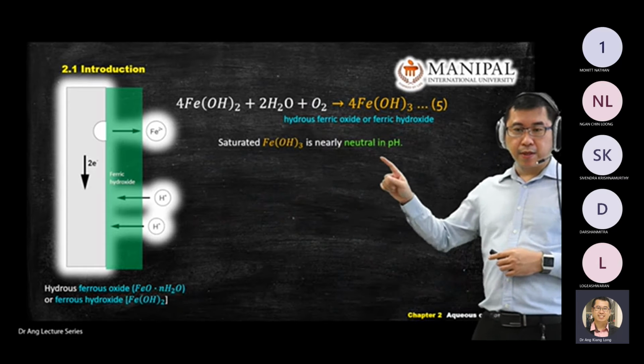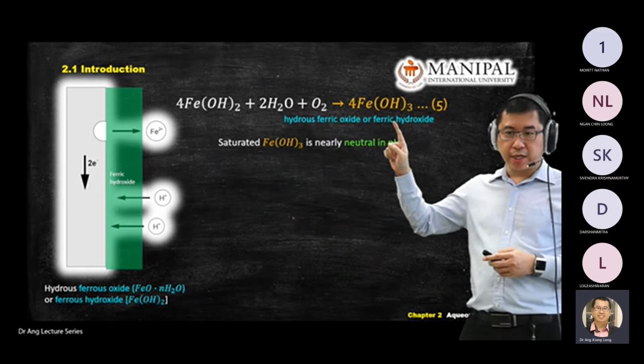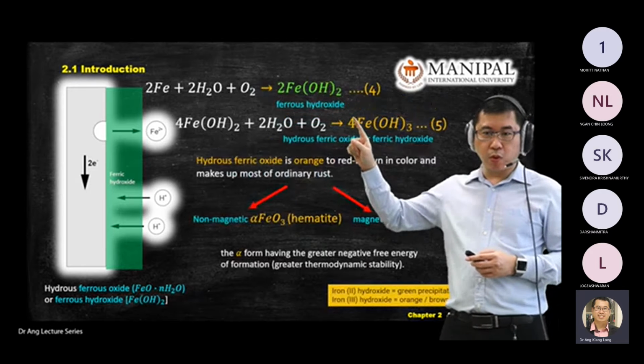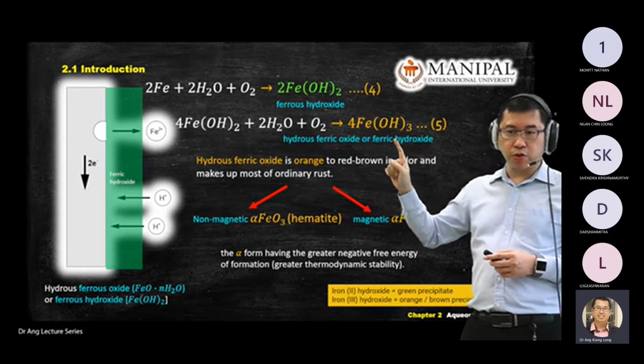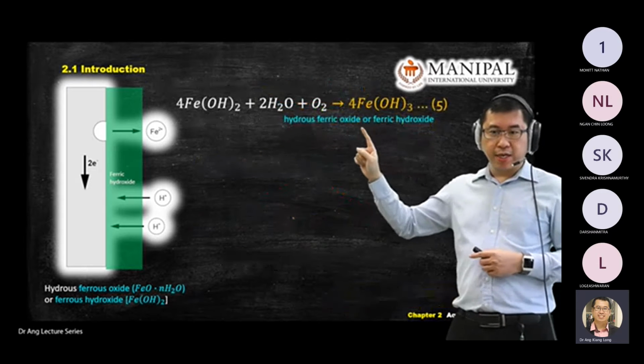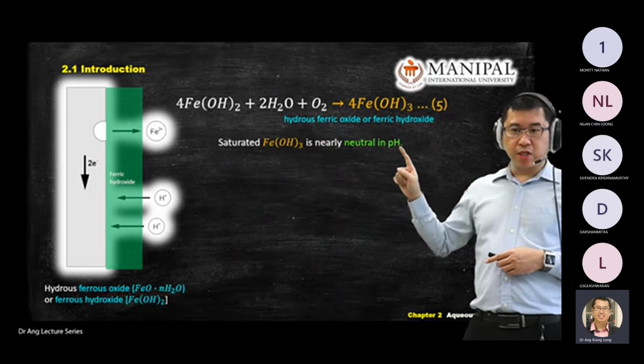Okay. Now the differences between Fe(OH)2 and Fe(OH)3. For Fe(OH)3, the pH value is nearly neutral.